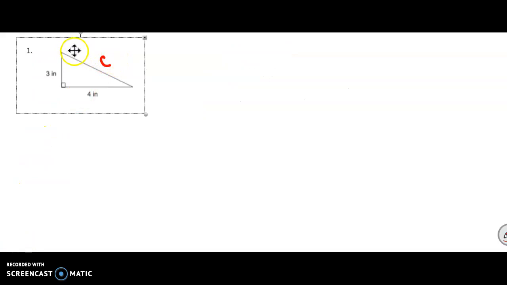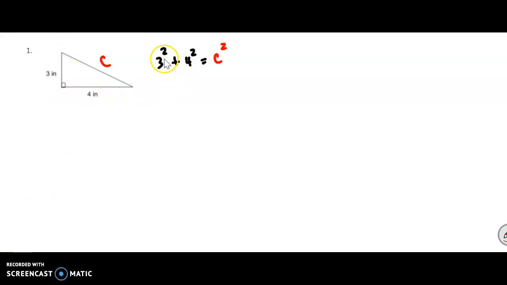So here in example 1, I've labeled the hypotenuse as c because I know it's across from the 90 degrees, so it's the longest side. These are the 2 legs here, so my setup is going to look like this: 3 squared plus 4 squared equals c squared.